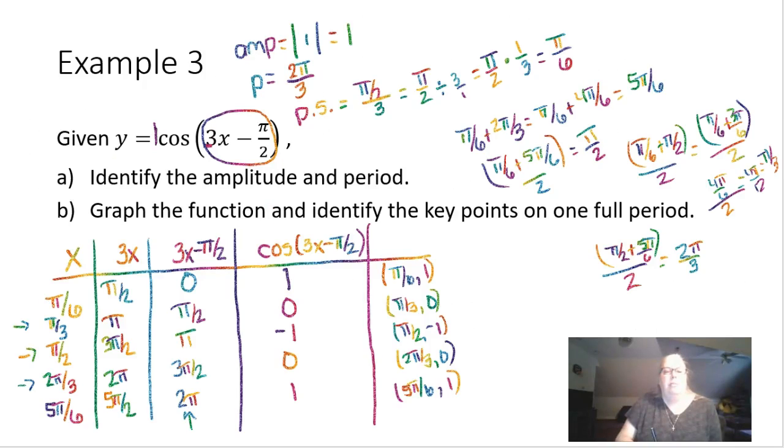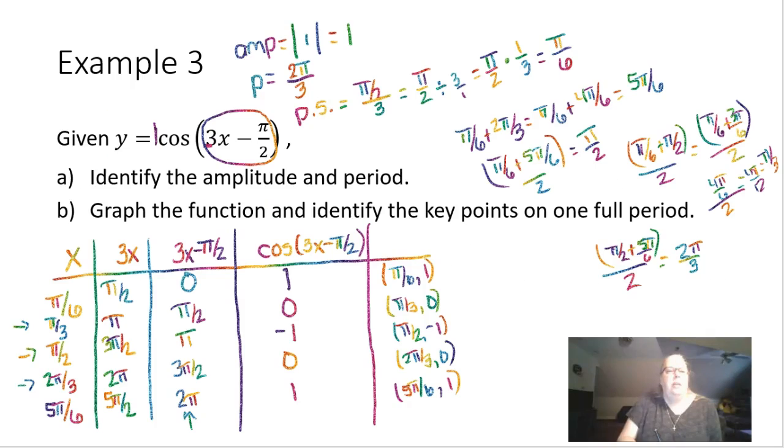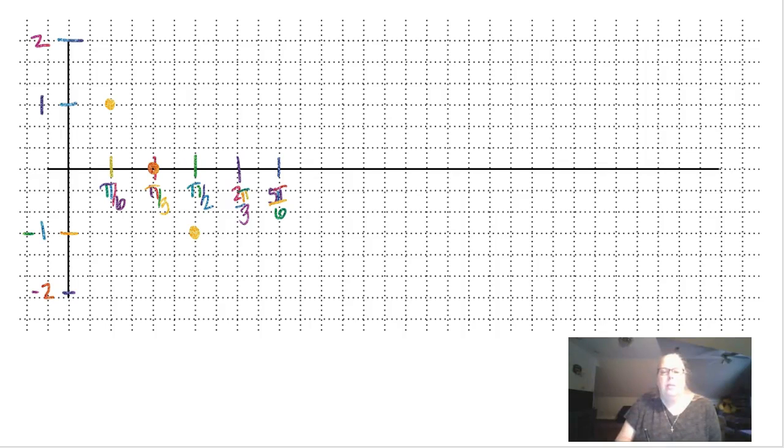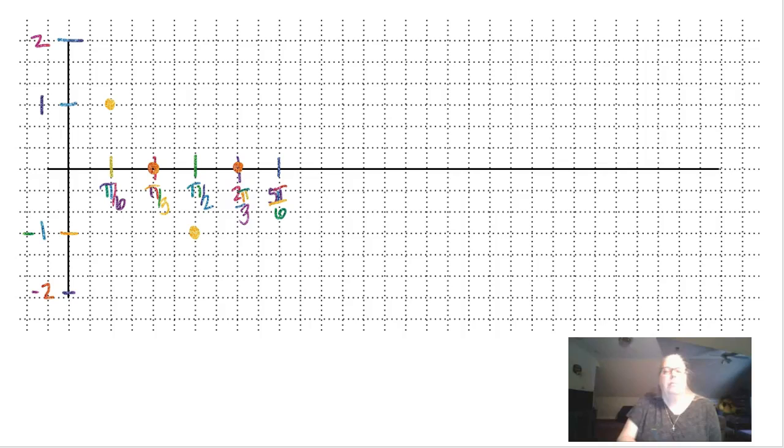And pi over 2, we want to be at negative 1. It's going to be down here. And then at 2 pi over 3, we want to be at 0. That's going to be right here. And at 5 pi over 6, we want to be at positive 1, which is going to be right here.